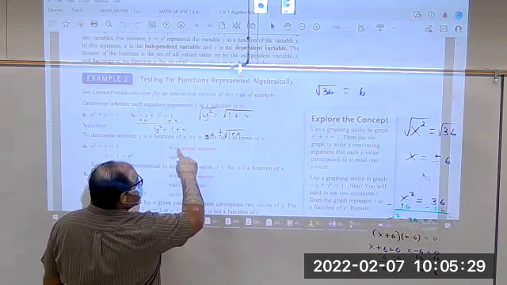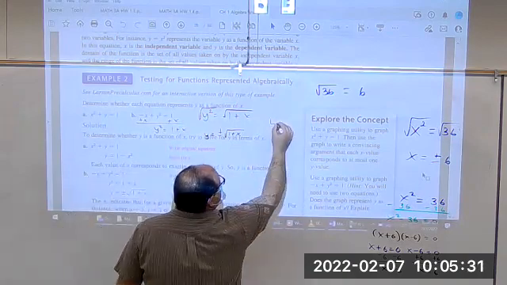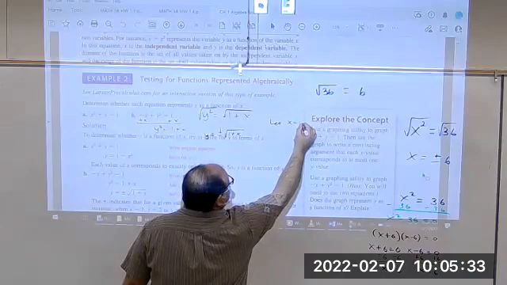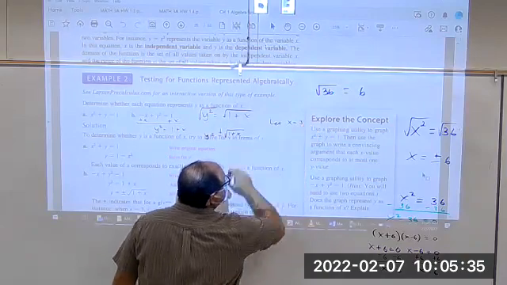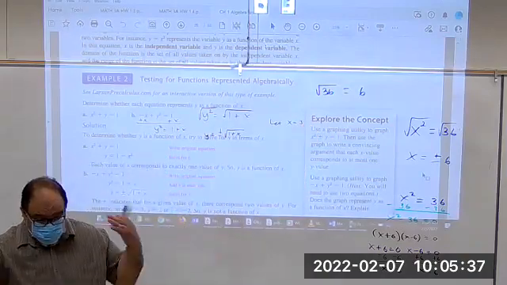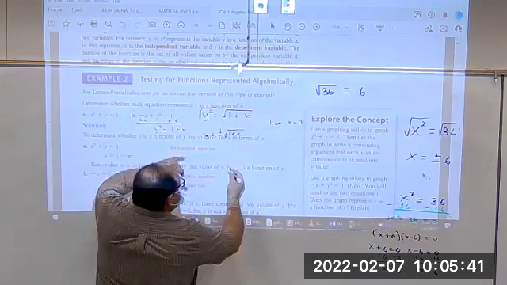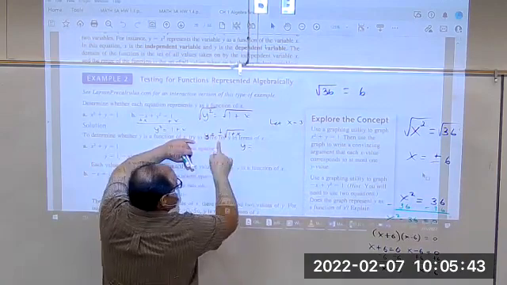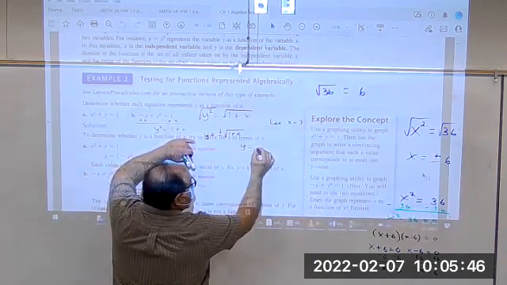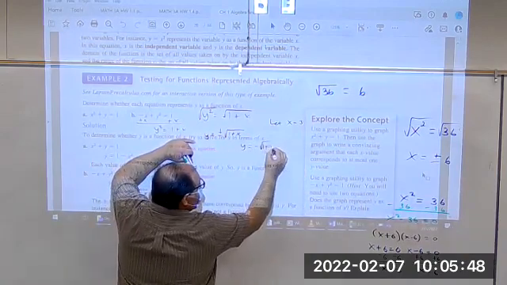So look at this deal. If I let x equal 3, and I'm just making up the number, I'm picking it with a reason. Y would be, because there's two things here, a negative square root of 1 plus 3.